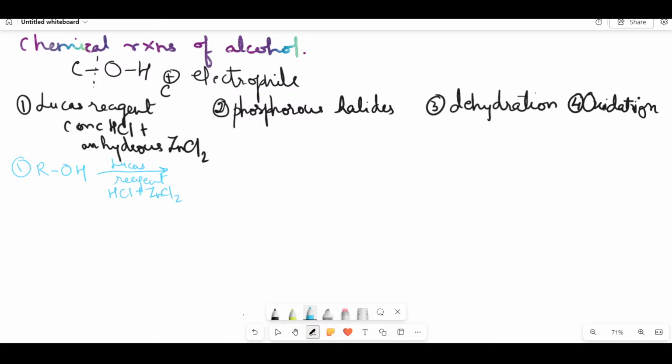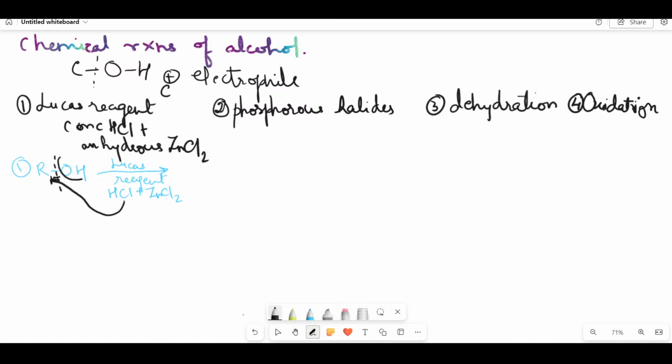When we do the reaction, what we get is fission in between C and O. So the R and O bond will break, and this chlorine will get attached here.